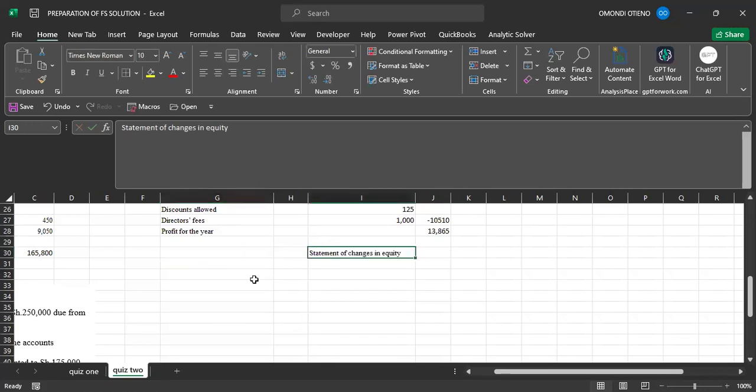So in our statement of changes in equity here, we are going to have some important columns.